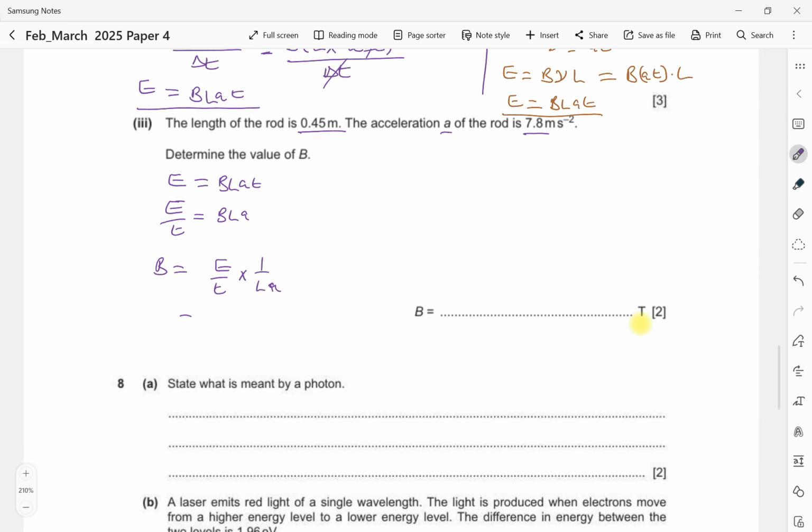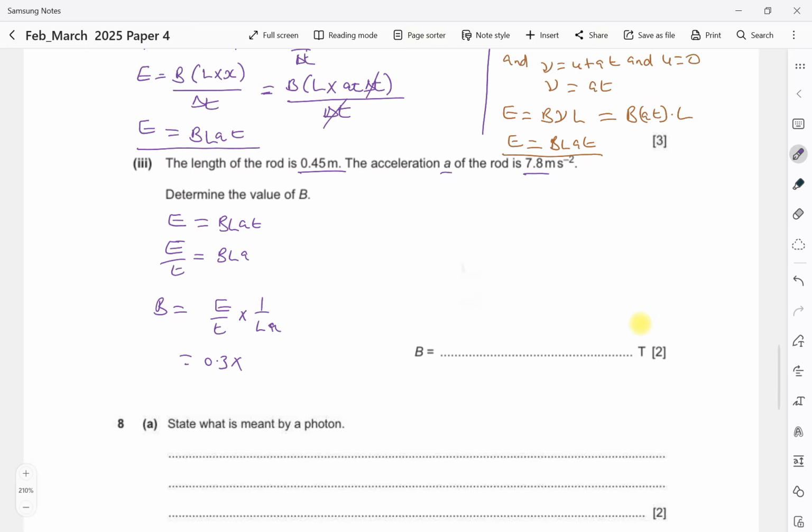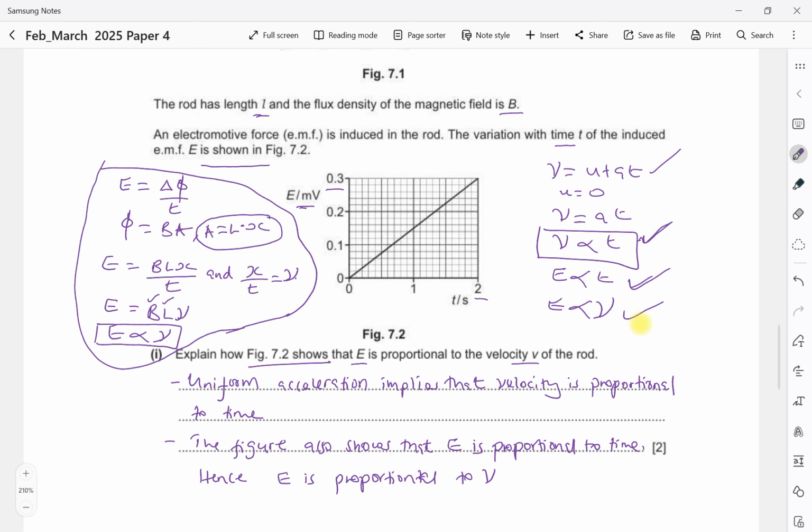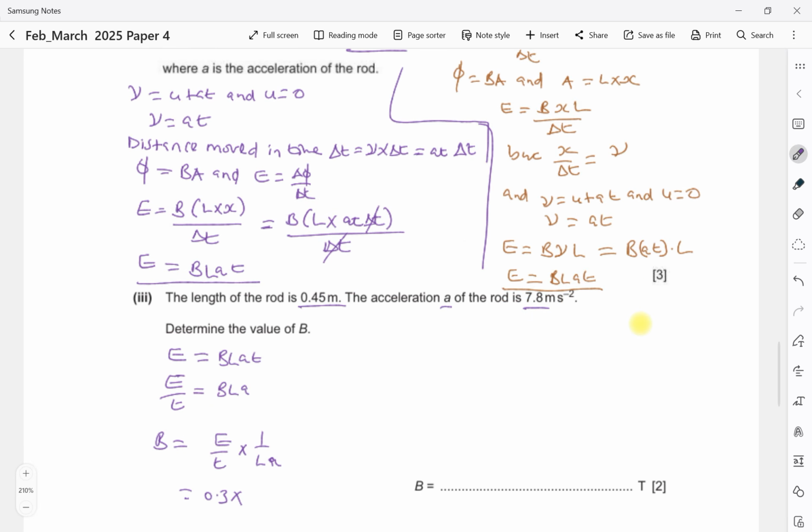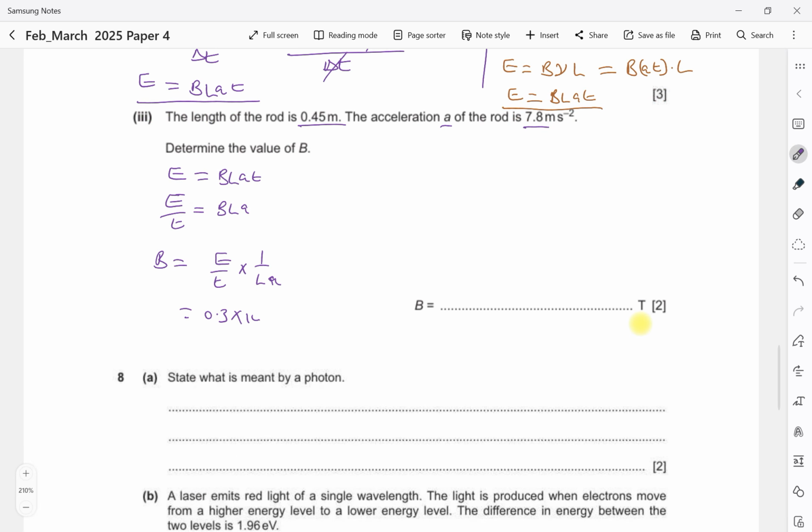So this is going to be 0.3 times 10 to the power of minus 3, since this is millivolts, over the time, which was 2 seconds, times 1 over the length 0.45 times the acceleration, which is 7.8.